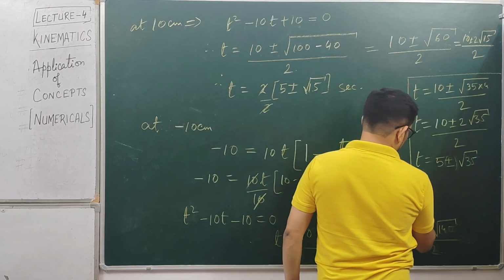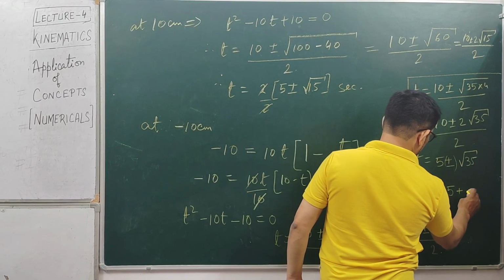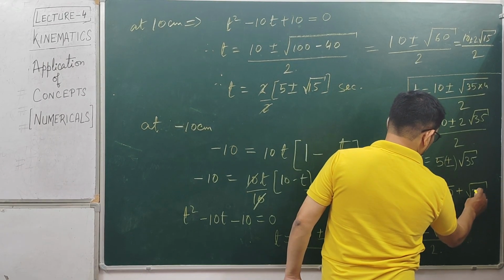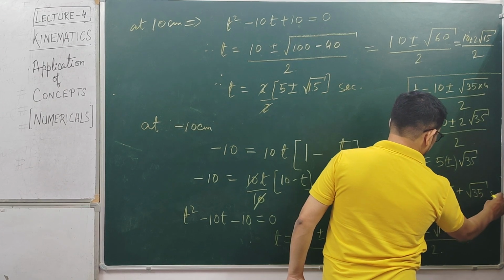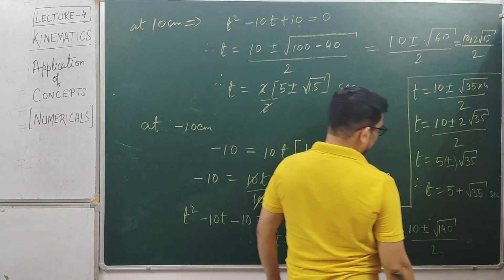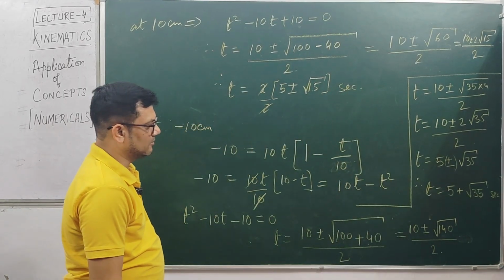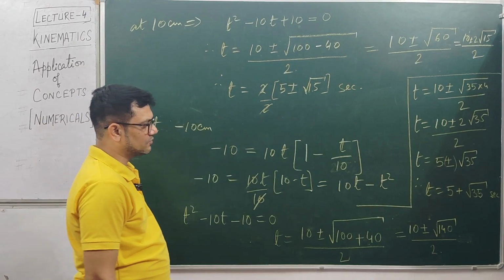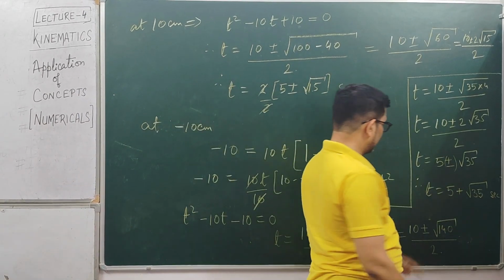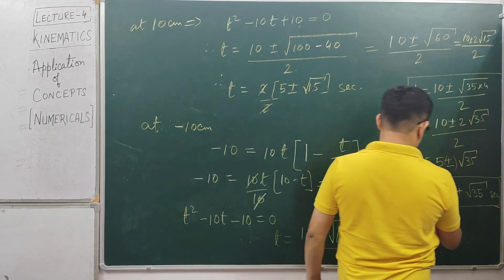So time would just be taking the positive values, so it should be just 5 plus root 35 seconds. If you take this negative, the time would become negative, so we can't use that.